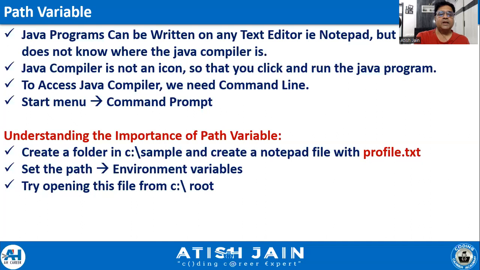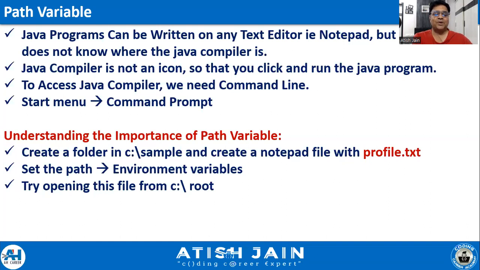So guys, this is about features of Java as well as these versions of Java. Now, before we start writing programs in Java, you need to understand one point: what is the path variable? See, Java programs can be written in any text editor like Notepad, but Notepad doesn't know where the compiler is.